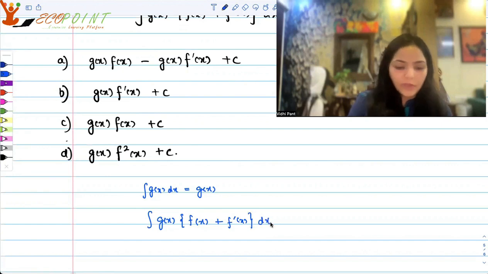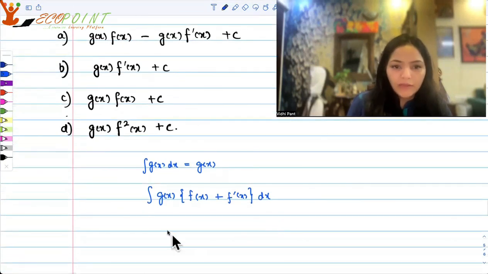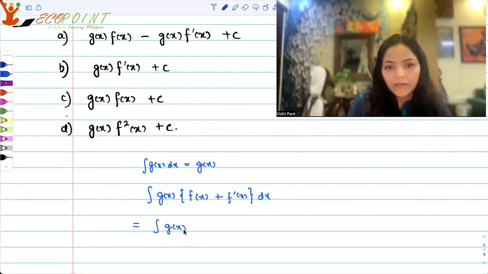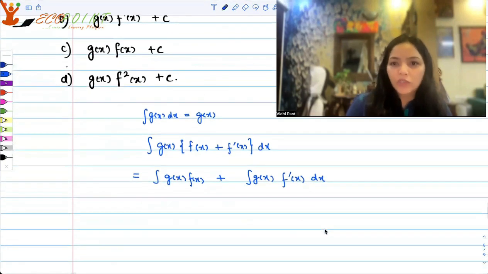So what would this be? If you open this up, this is equal to integral gx fx plus integral gx f dash x, right? It's basically an application of by parts.